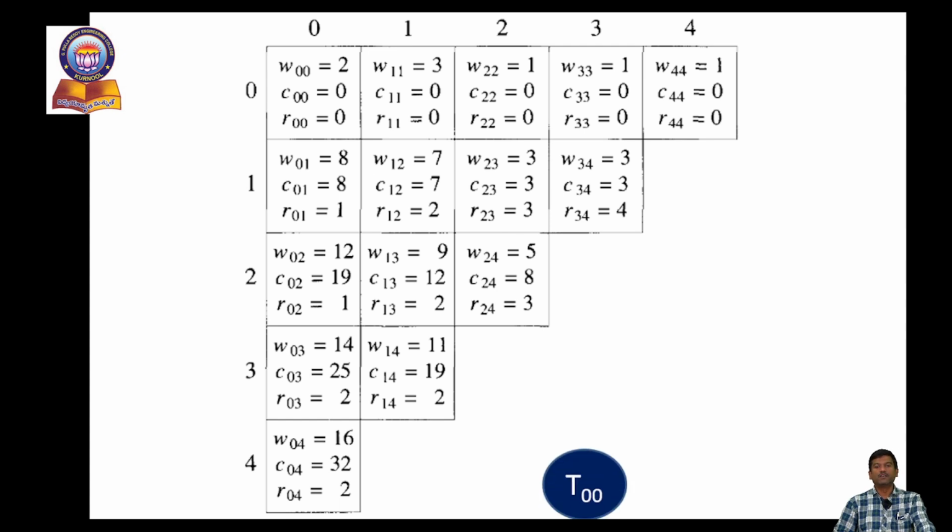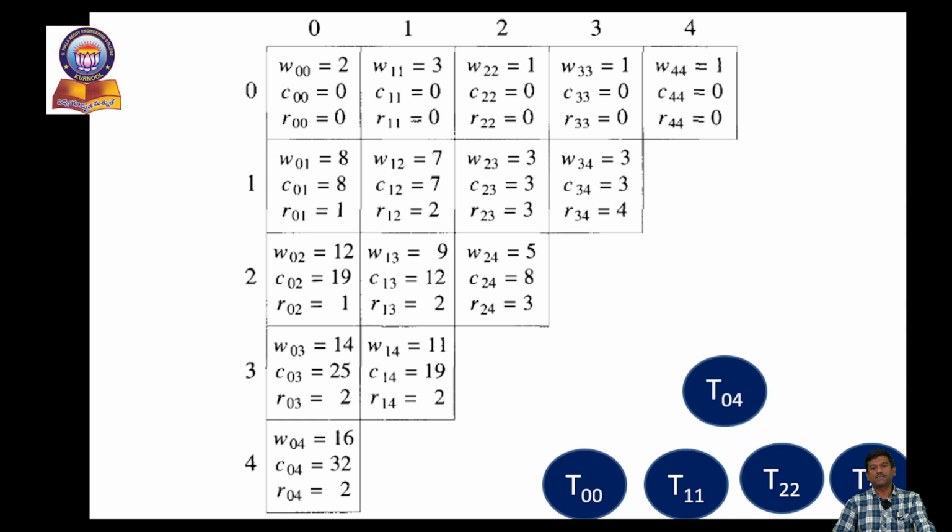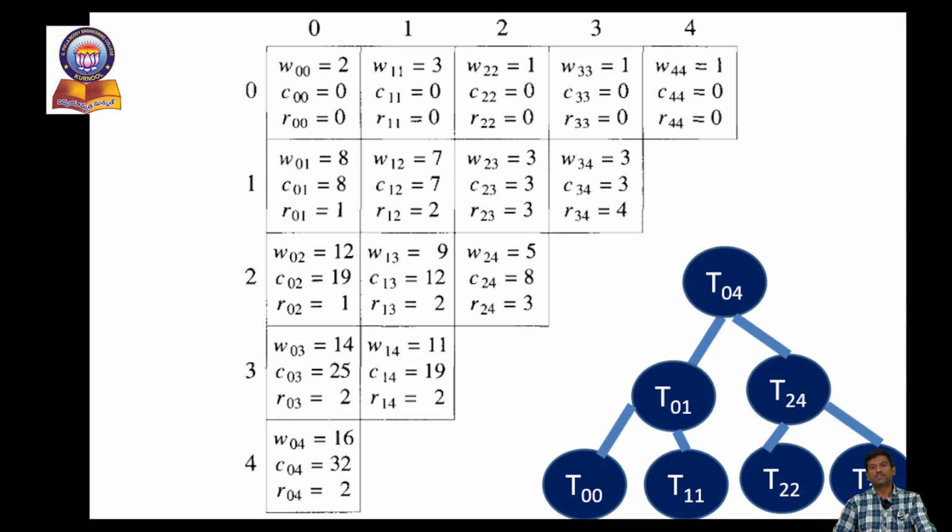We'll arrange the keys in such a way that T04 will be the root, T01, that is tree 01, will be the left child, and T24 will be the right child, and T00 is the left child of T01, and similarly T11, T22, as well as T34.